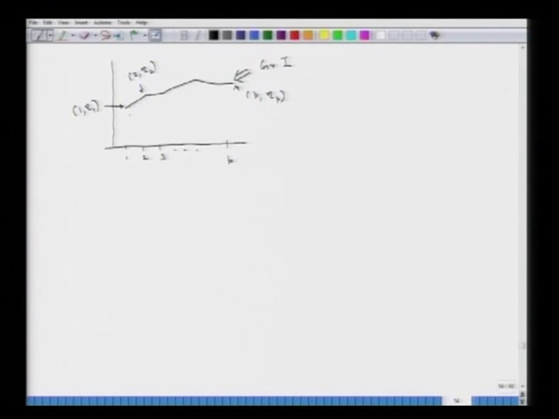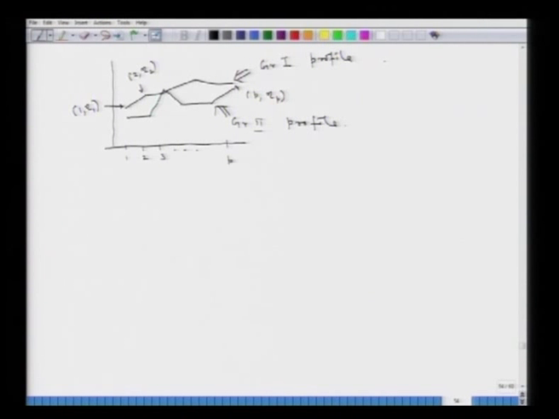Similarly, one can draw a profile of the second group. Suppose that profile is given by this. It can be of any shape. So this is similarly the profile for group 2. This is the group 1 profile, and this is the group 2 profile.